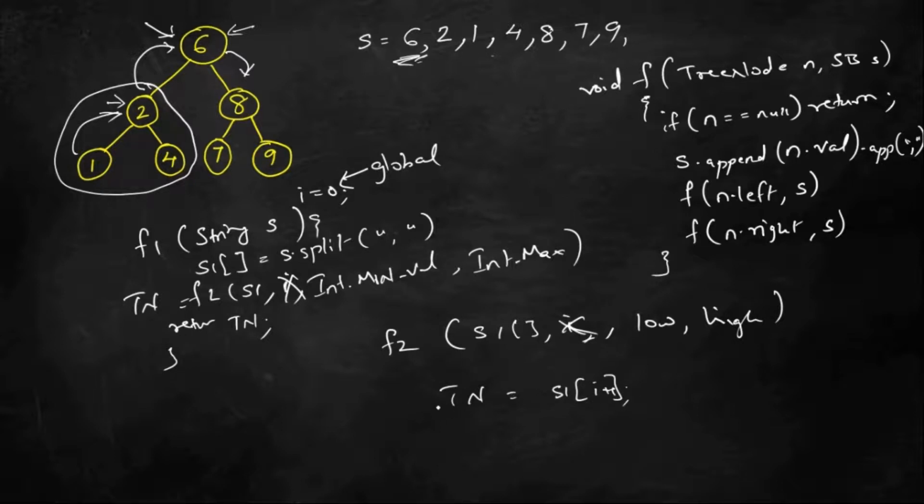After that I can recursively call f2 passing s1. Here I am saying tree node dot left equals a recursive call to f2, and tree node dot right equals again a recursive call to f2. So I am using the same logic here that we did here.